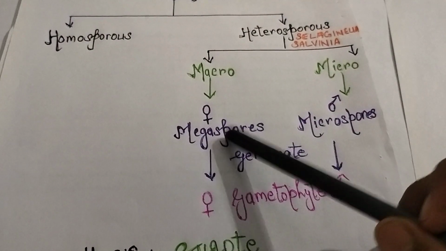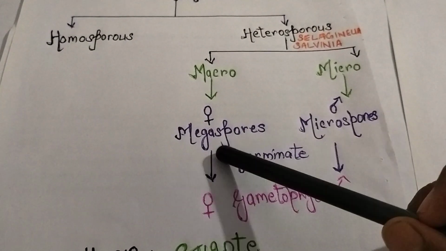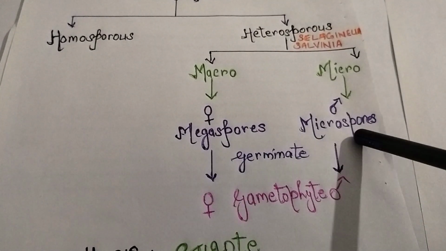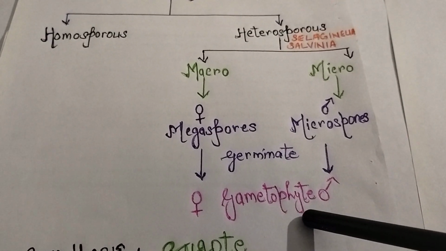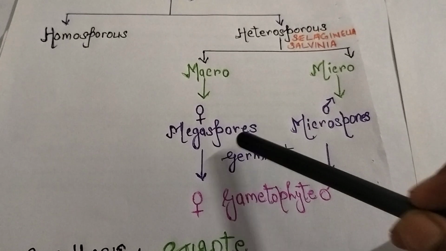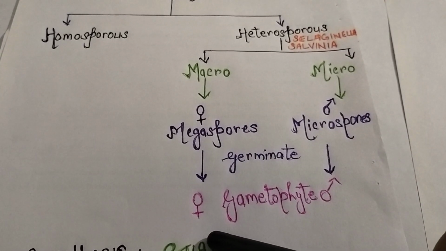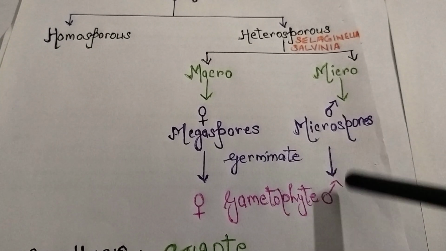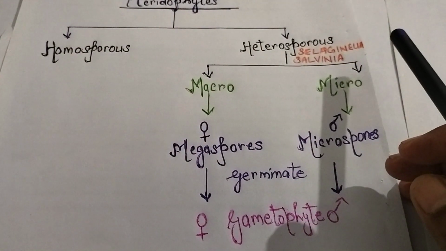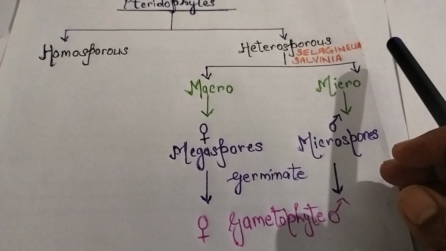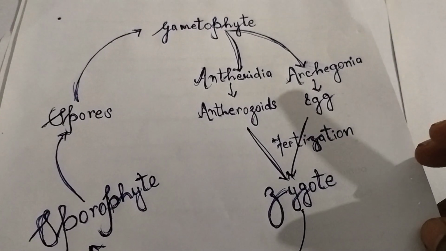As these spores are of different kinds, one male and the other female, they will form different gametophytes. Megaspores will form the female gametophyte and microspores will form the male gametophyte. Understood here? See the life cycle. There is somewhat of a complication also. You have to understand it.